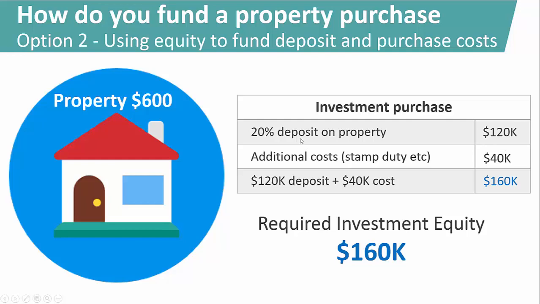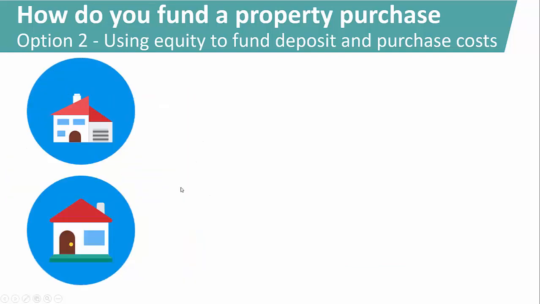So the equity that you require would be the 20% equity contribution, as well as the costs. So 20% of 120 plus 40 is 160, is your required equity for this $600,000 property.